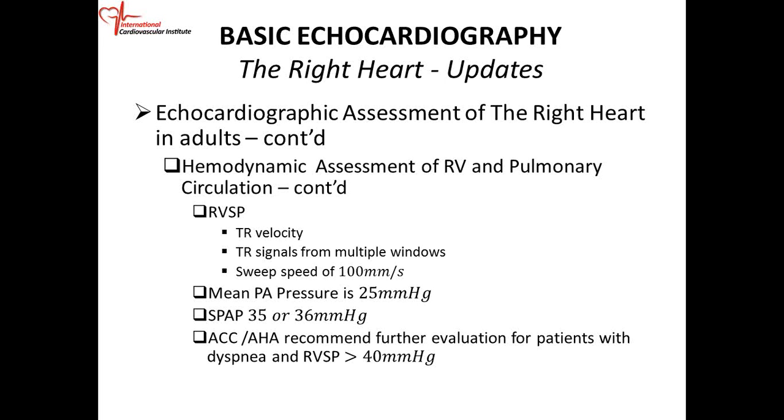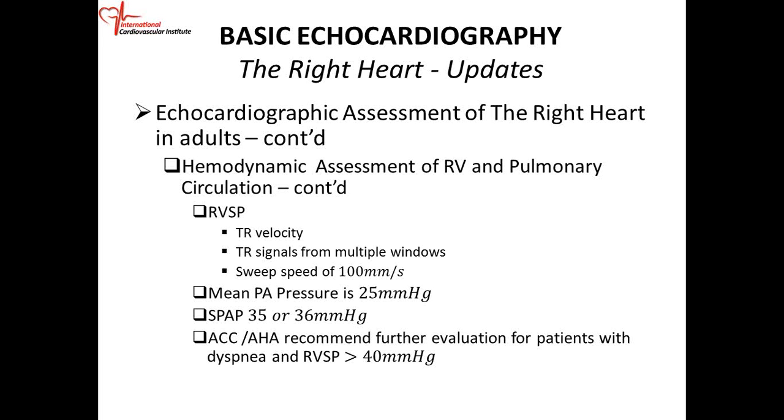And when we talk about systolic pulmonary artery pressure to determine pulmonary hypertension, the current recommendation is a systolic pressure between 35 and 36 millimeters mercury, or a mean PA pressure of 25 millimeters mercury or more.